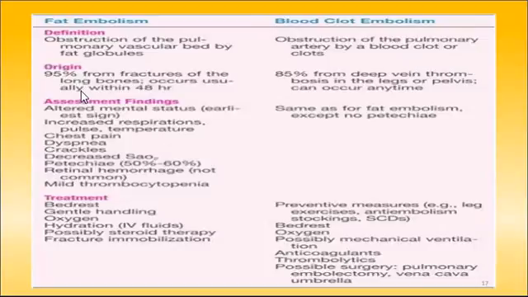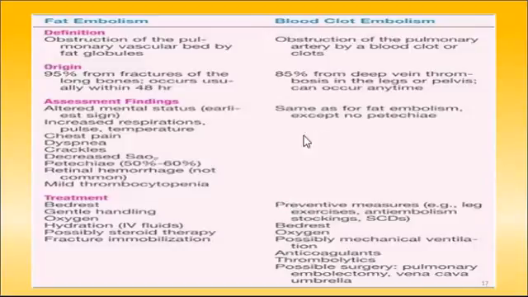The fat embolism comes 95% from fractures of the long bones within 48 hours. Usually it's 12 to 48 hours. With the blood clot embolism, 85% comes from a deep vein thrombosis that is formed in the leg or pelvis. It can happen at any point, not necessarily due to the injury, but it can be surrounding factors that could have already been present.